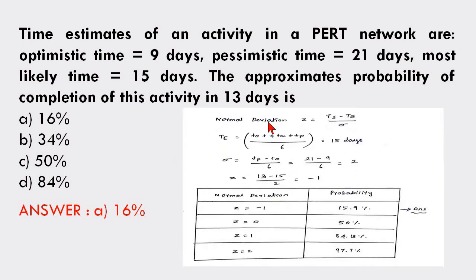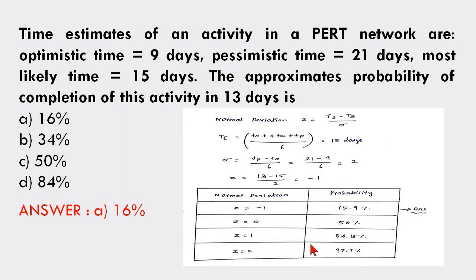The solution is given here. The normal deviation formula is Z equal to Ts minus Te divided by sigma Te, where the expected mean time Te is T0 plus 4Tm plus Tp divided by 6, equal to 15 days. Substitute all the values here, you will get 15 days. Then find sigma, Tp minus T0 divided by 6, that is 21 minus 9 divided by 6, you will get 2. Normal deviation Z equals 13 minus 15 divided by 2, you will get minus 1.